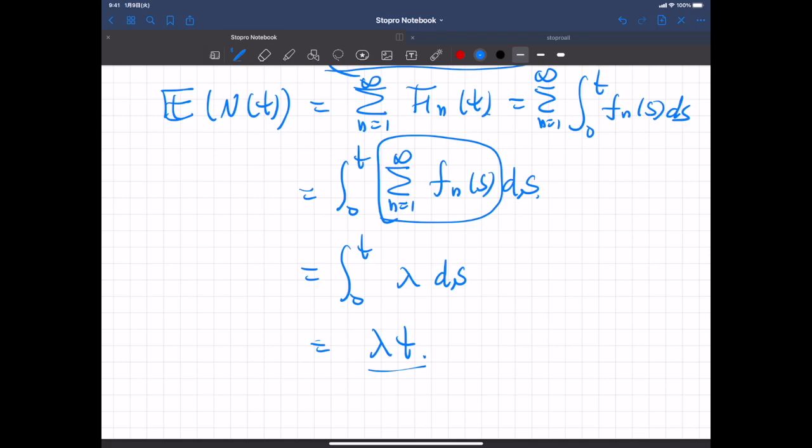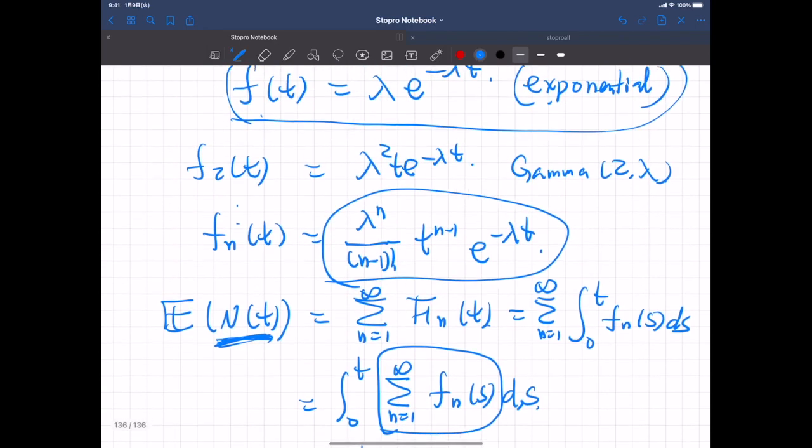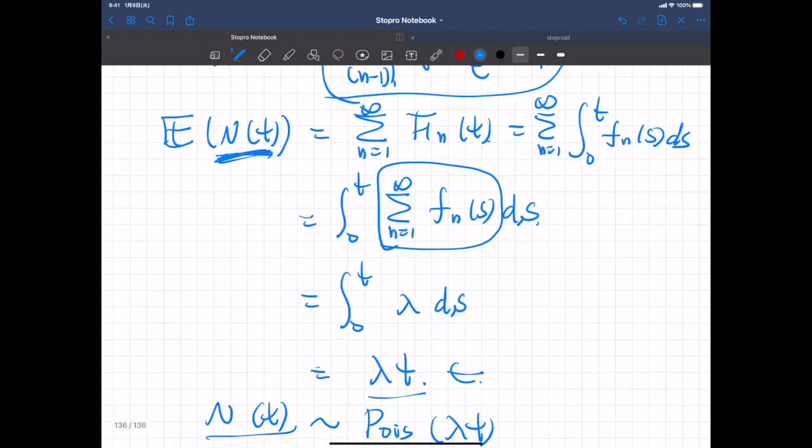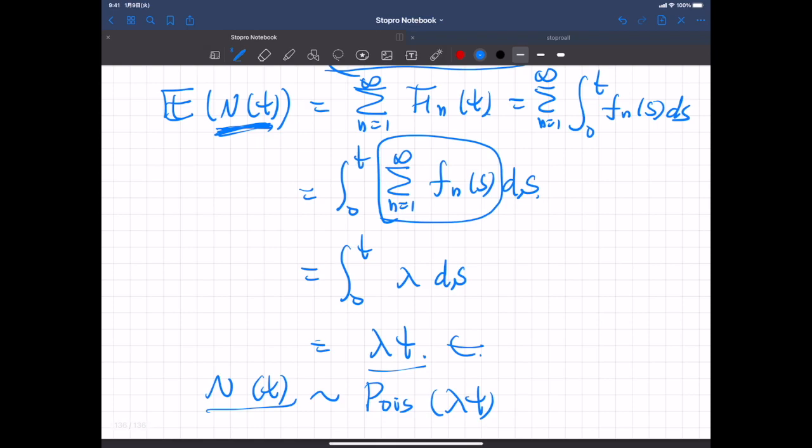If this number of renewals follows the Poisson distribution with parameter lambda t, then this will be the expected value. So actually, you can show that this is indeed a Poisson process. So the renewal process based on the exponential distribution of each renewal time becomes a Poisson process. So that's all for today.